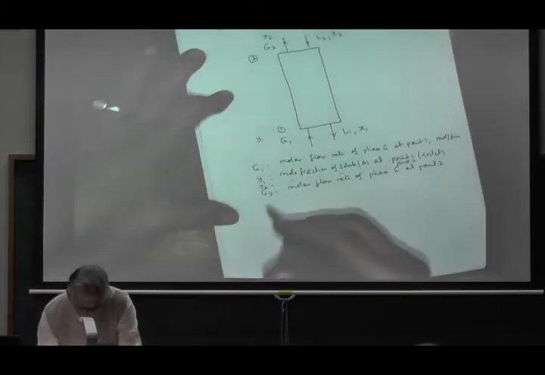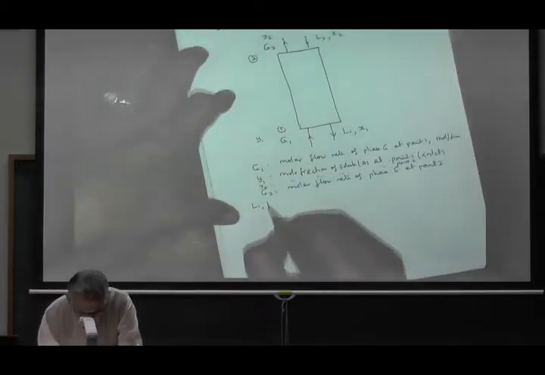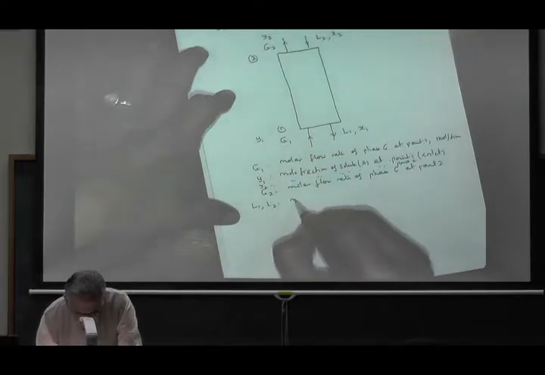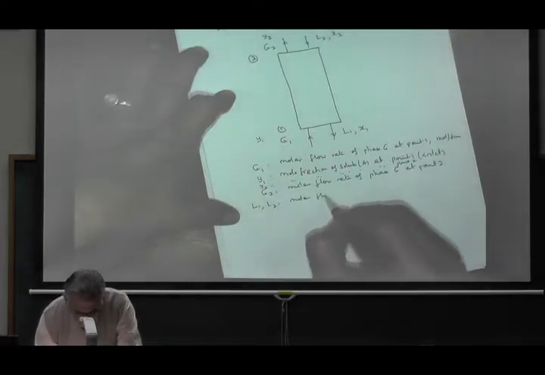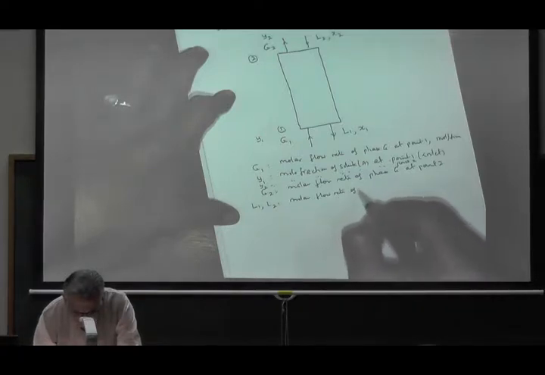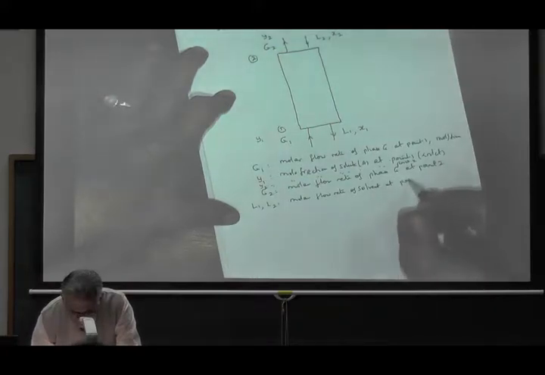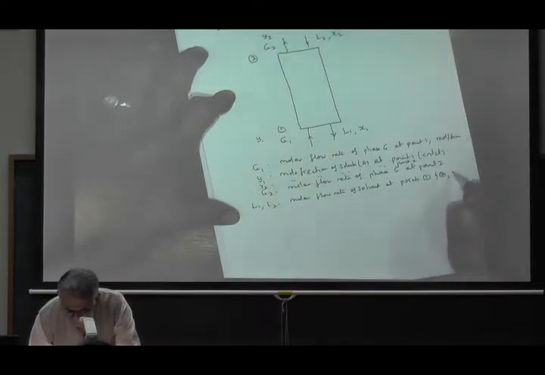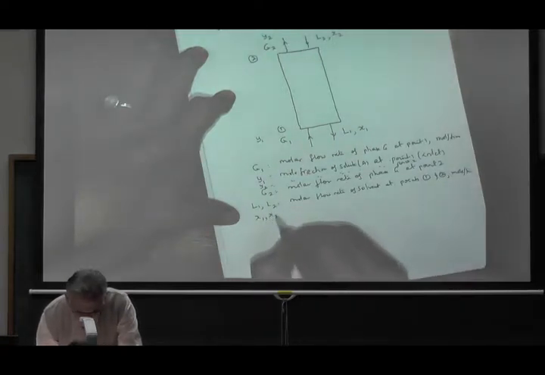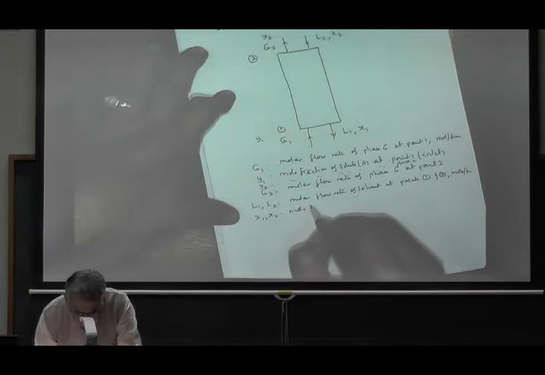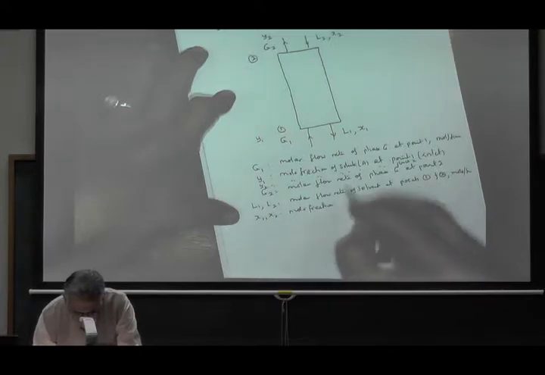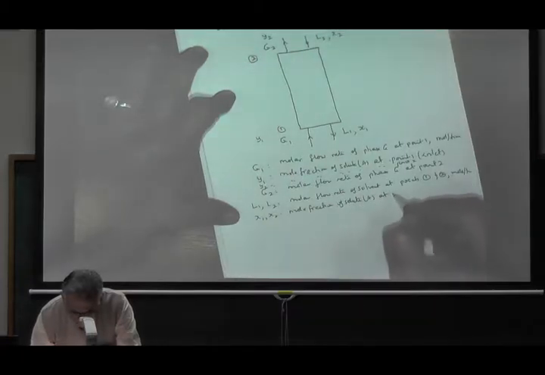So again L1, L2 are the molar flow rates of solvent at points 1 and 2, again moles by time, and x1, x2 are the mole fractions of solute at points 1 and 2.